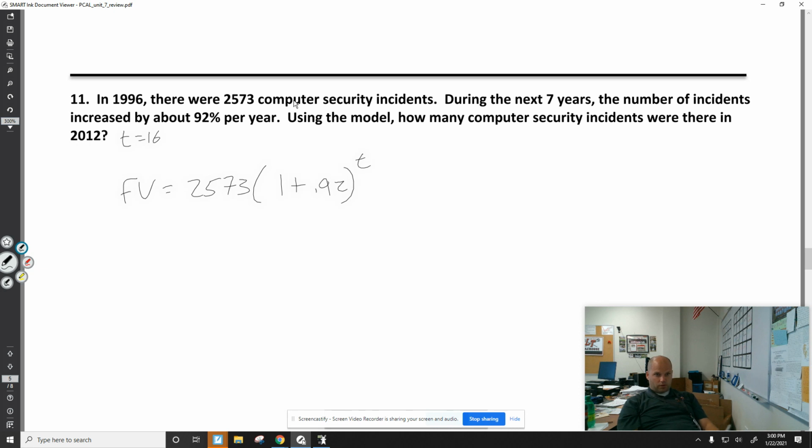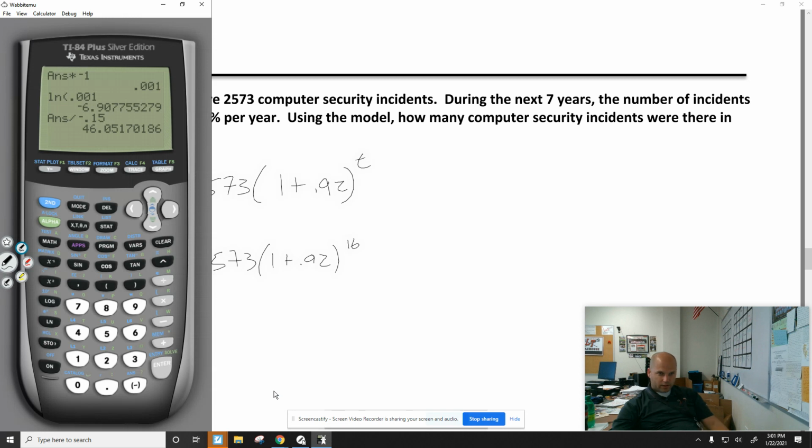That's the hard part. That's the difference between 2012 and 96. 96, 2006, 2016 is 20. Subtract 4, 16. Okay. 2573 times 0.92 to the 16. Type that in your calculator.